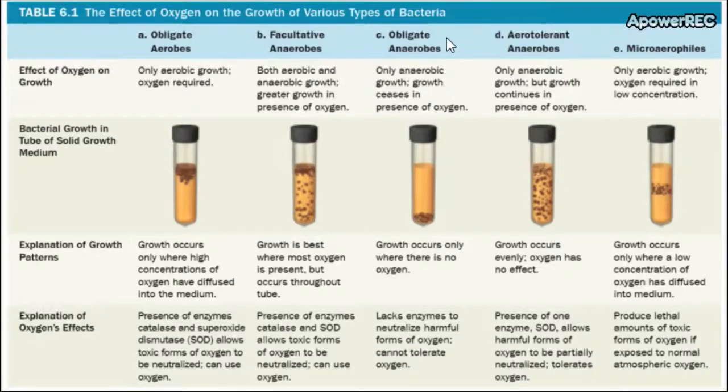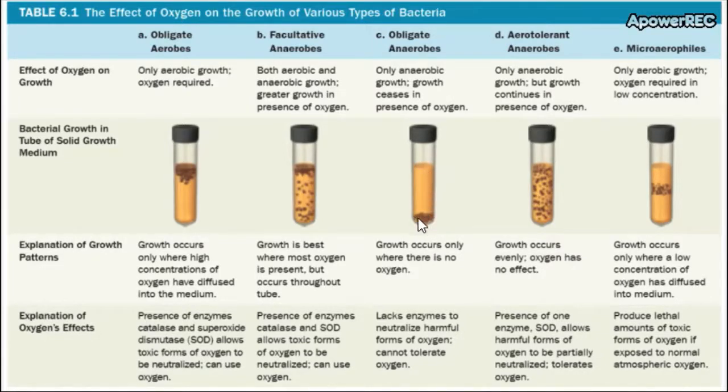And the third group are the obligate anaerobes. And remember, they're the other side of the coin to obligate aerobes. Obligate anaerobes are strict anaerobes, meaning they cannot grow in the presence of oxygen. So you're not going to find some at the top and some at the bottom. You will just find them at the bottom where there's no oxygen, or very little, that diffuses and reaches the bottom here.